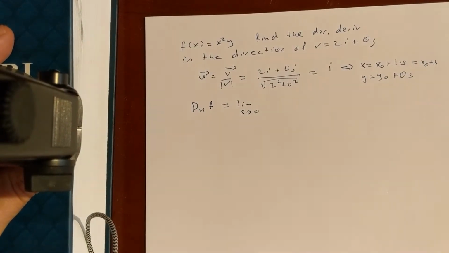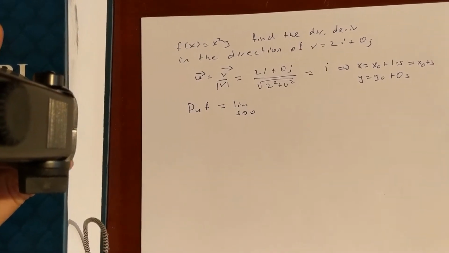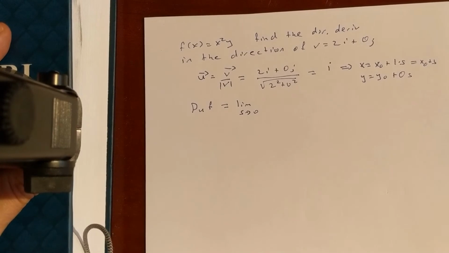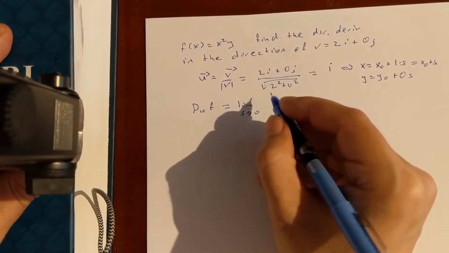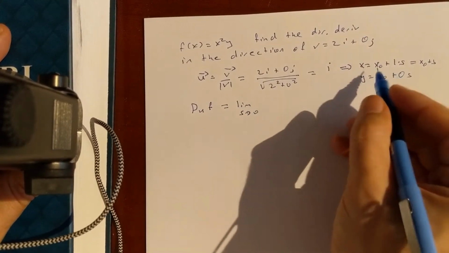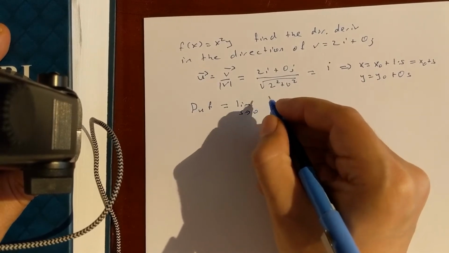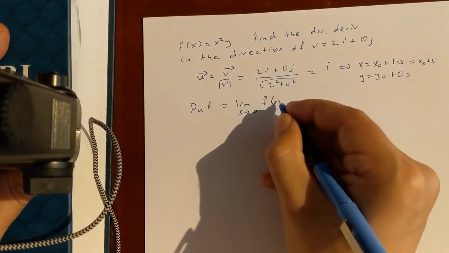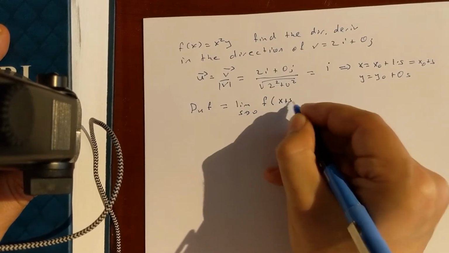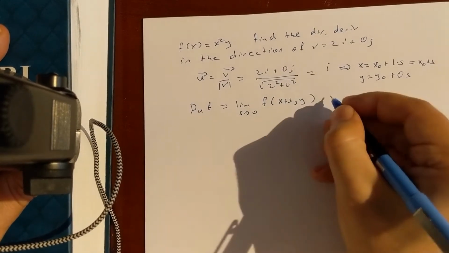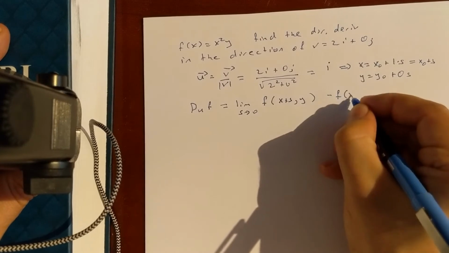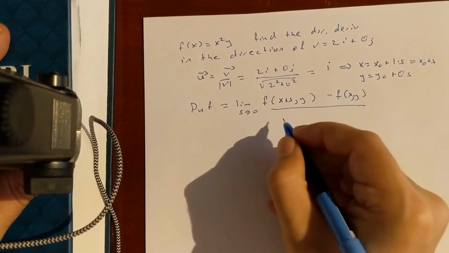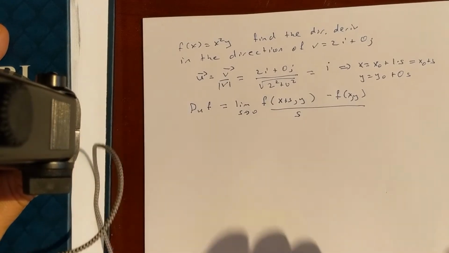So wherever I see an x, I need to do x plus s, and that's what we're going to do. We're plugging in the point x plus s, y. So we're going to do f of x plus s, y minus f of x, y, all over the length s.